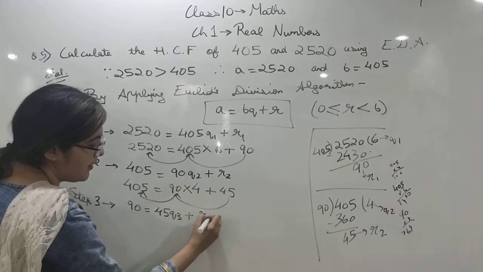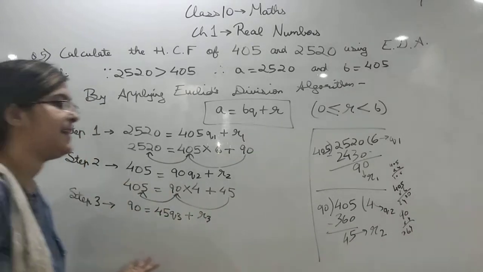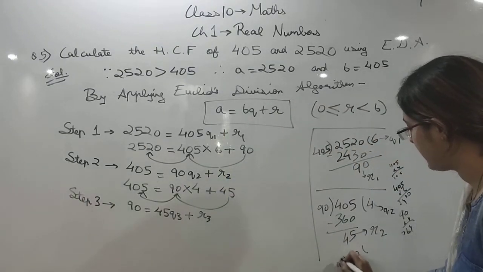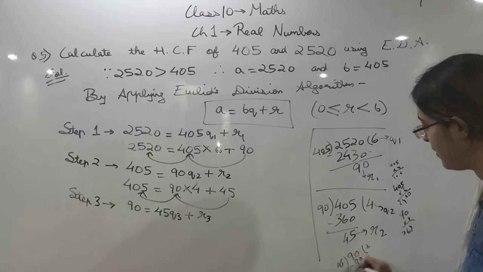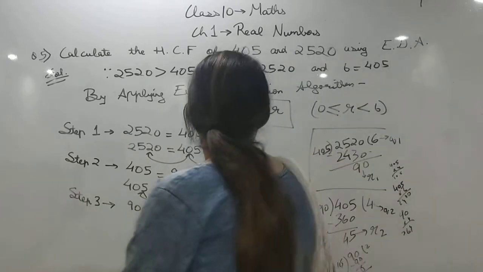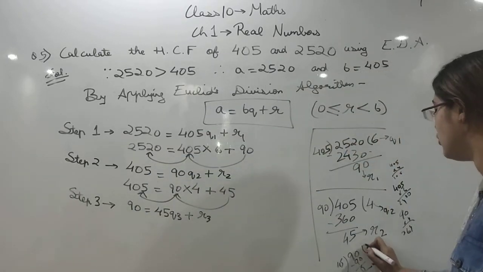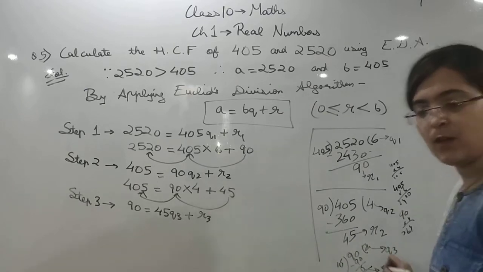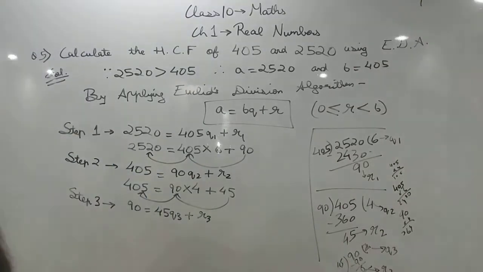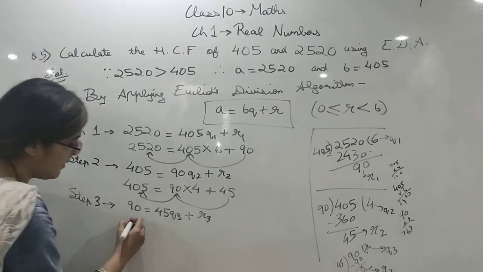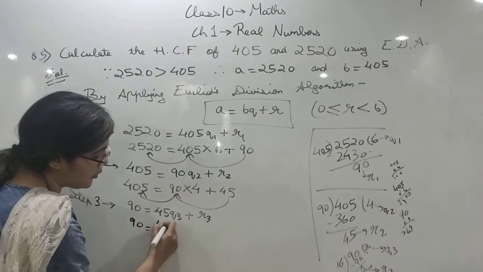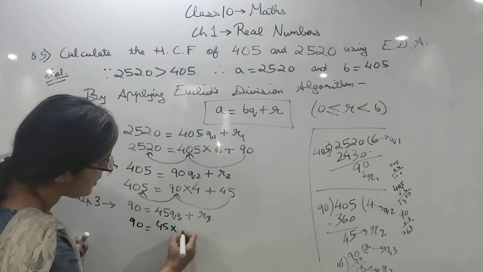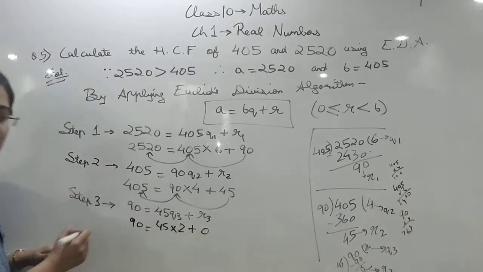Now what will we do? We will divide 90 by 45. 2 times, okay, so our Q3 came 2 and R3 came 0. Okay, so we will put the values. 90 is equal to 45 into Q3, which was 2, and R3 was 0.